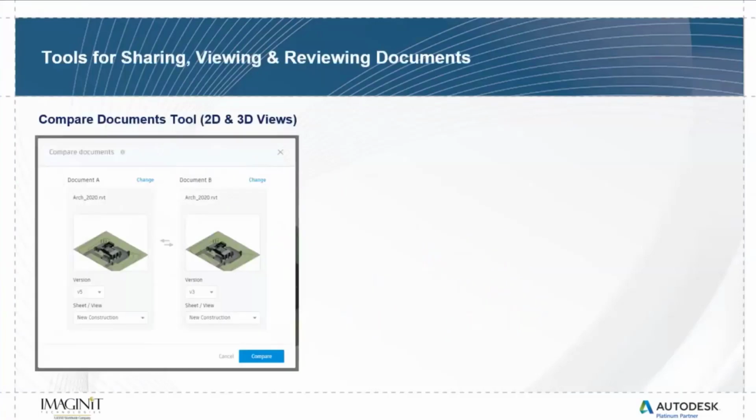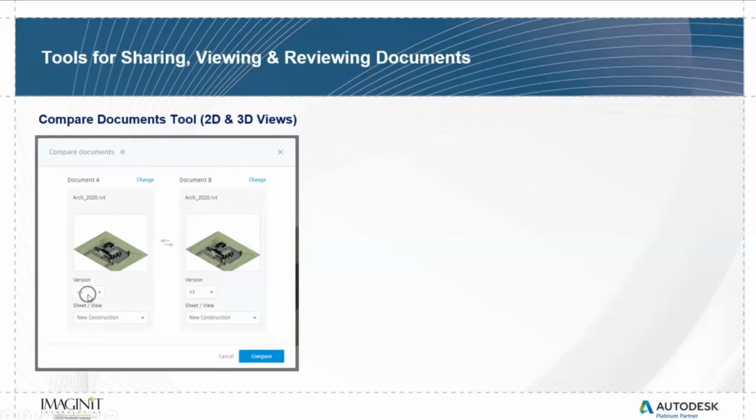So for reviewing documents, we have some other tools that we can use on BIM 360. If you have published 3D views or 2D views, there is a compare documents tool that allows us to visually see any changes that were made between one version of a document and another version. So the dialog box looks like what you're seeing here on this PowerPoint.